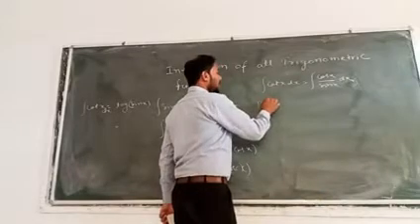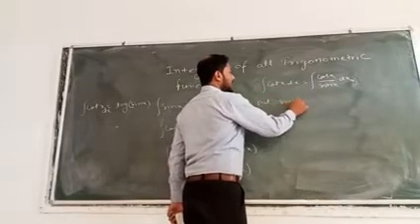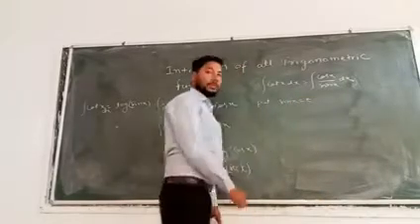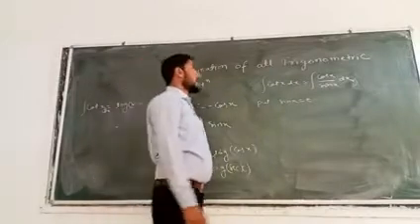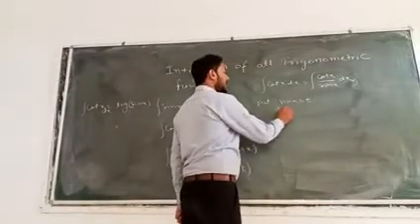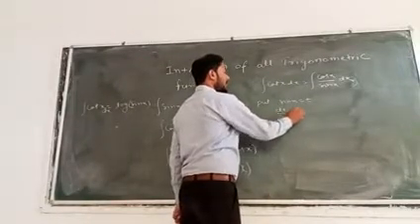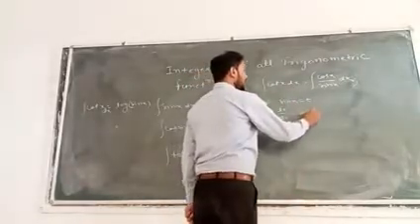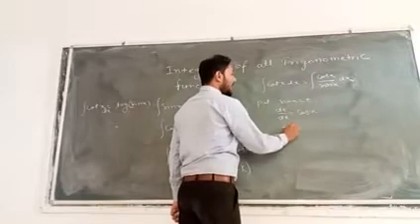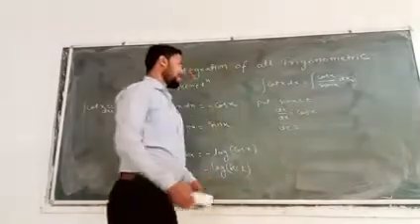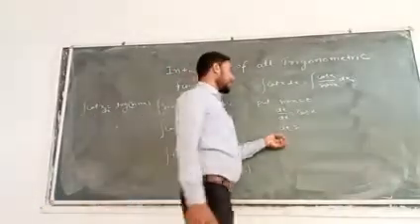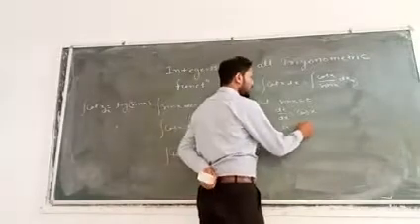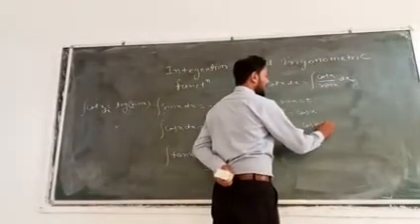Now put sin x equal to t and differentiate with respect to x, we find cos x. Now we eliminate dx from this expression. dt is equal to cos x dx.